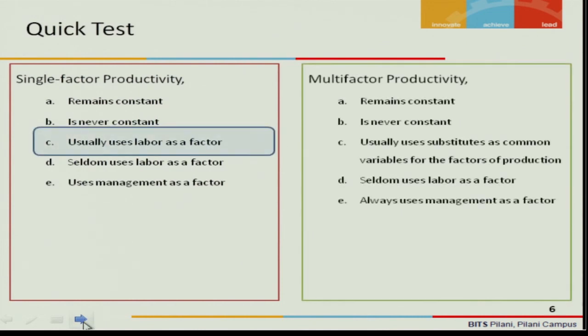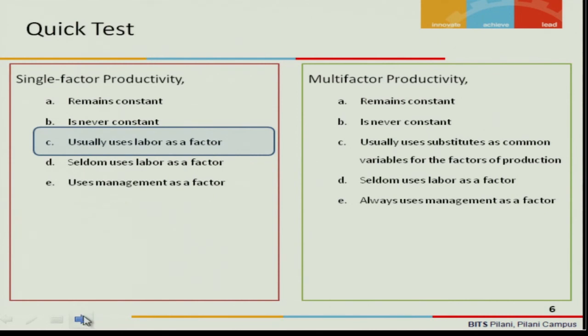The last question, multi-factor productivity remains constant, is never constant, usually uses substitutes as common variables for the factors of production, seldom uses labor as a factor, and always uses management as a factor.